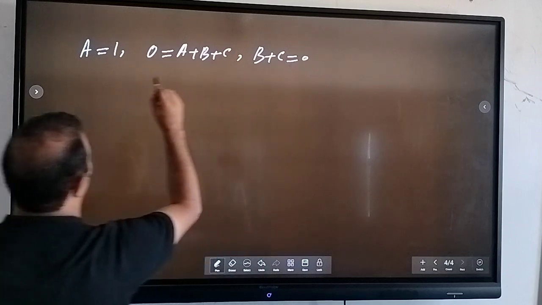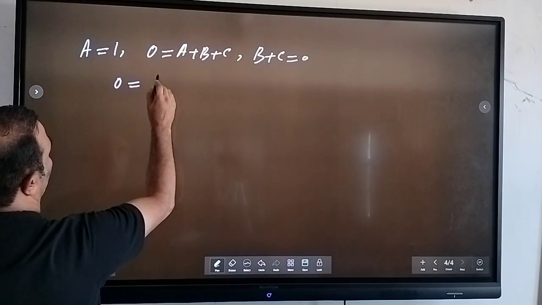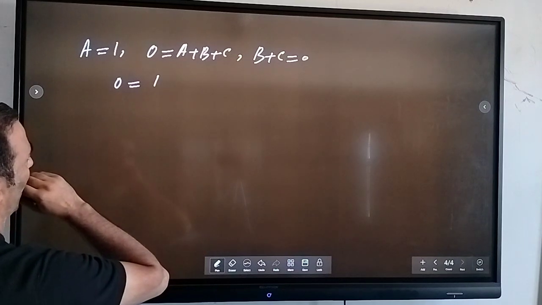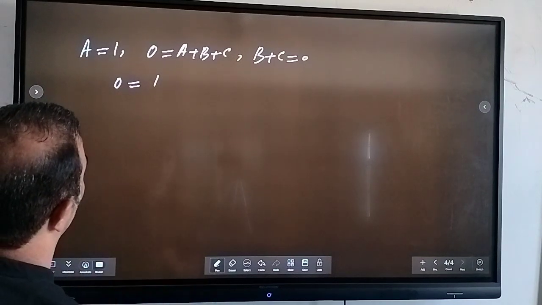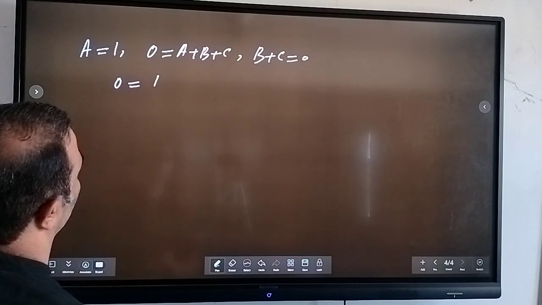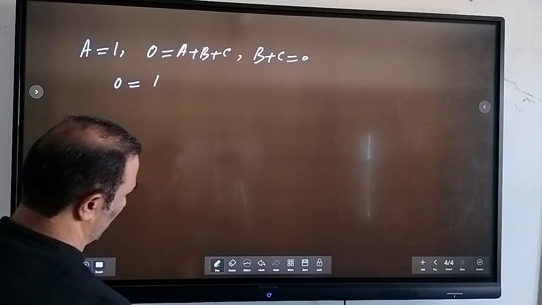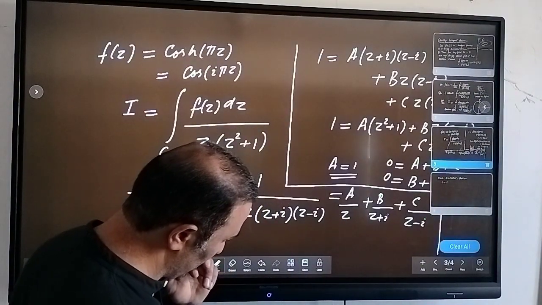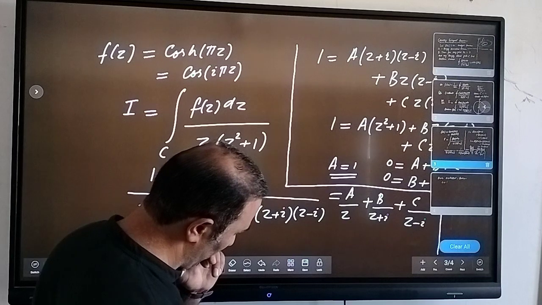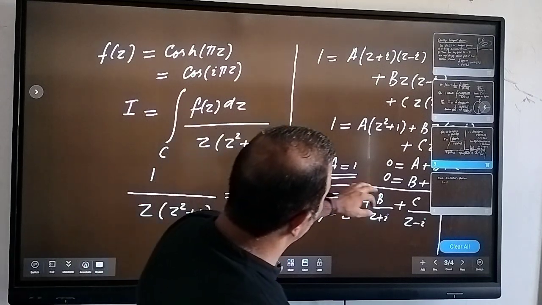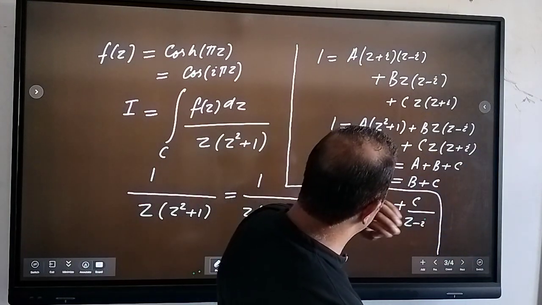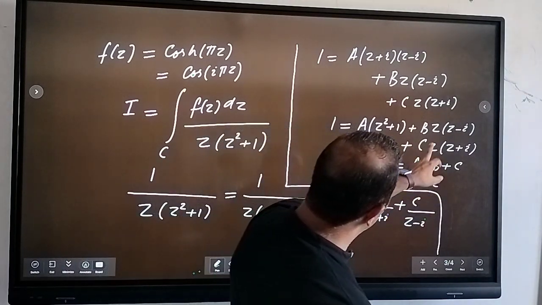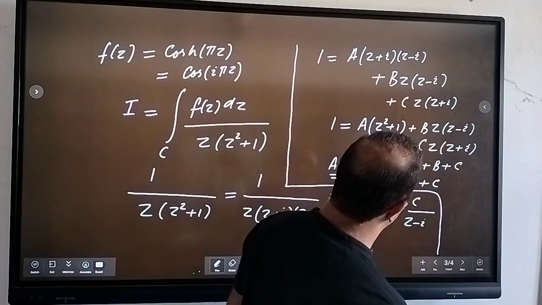Put z square, this is a plus b plus c, and when you compare their coefficients, now compare the coefficients of z.